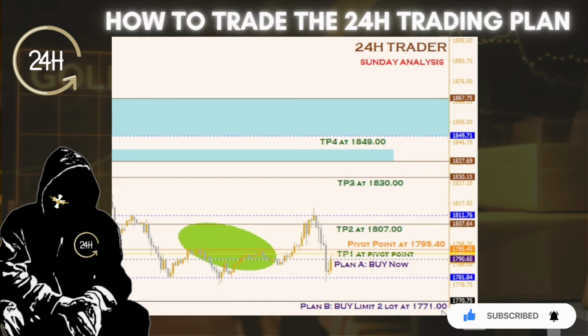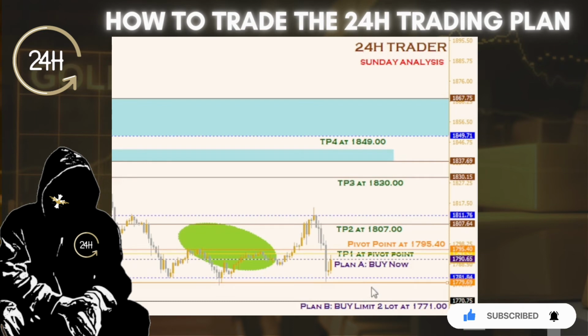And if you have $10,000, you can use one lot, just like what I am doing. And it's been very productive, very profitable. So it will be safe for you to adjust your lot size based on your equity.